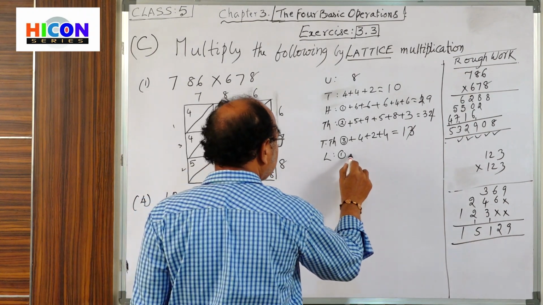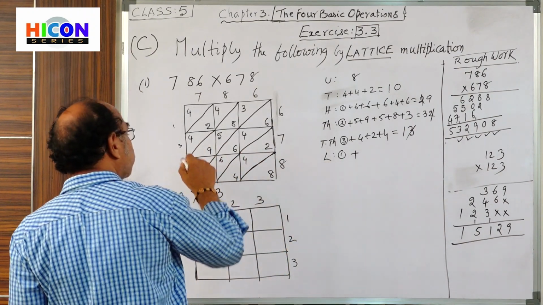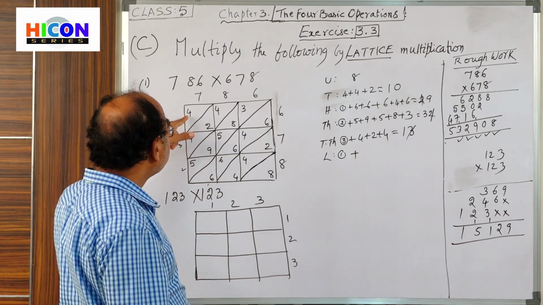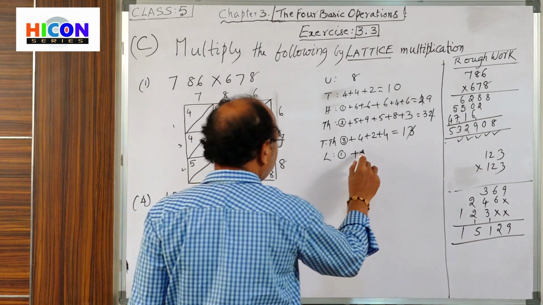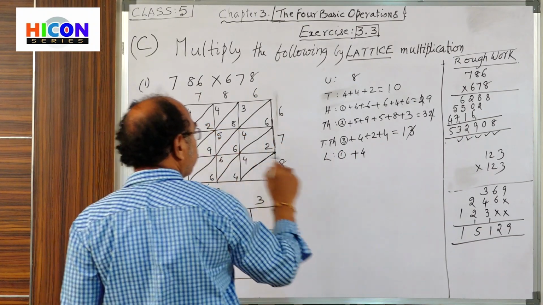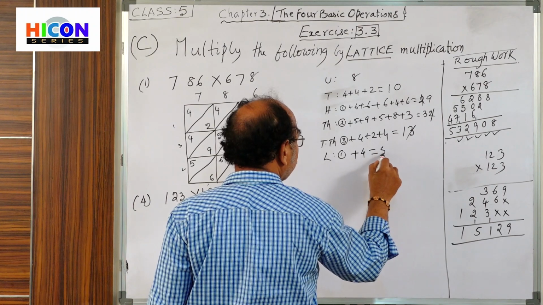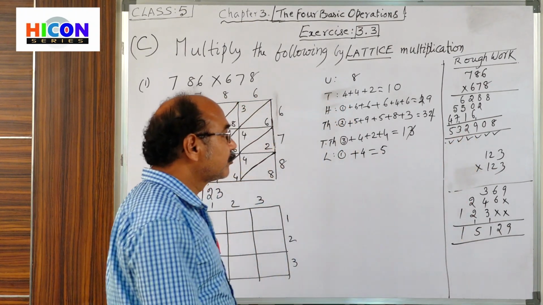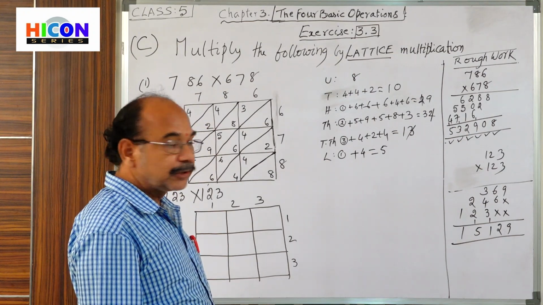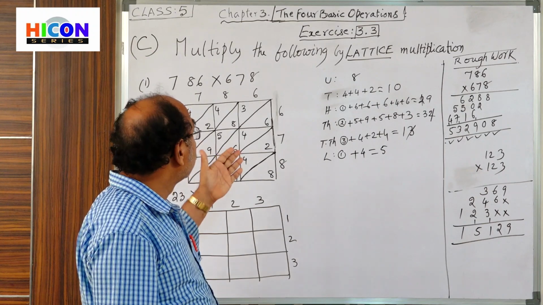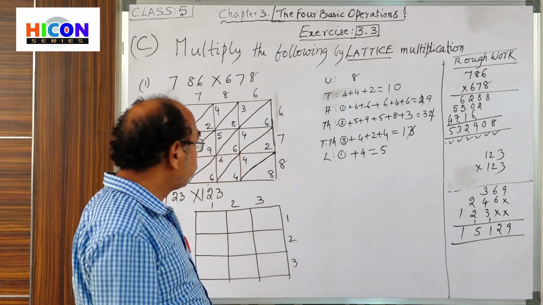Plus the remaining. This diagonal is complete. Now come to here. That is 4. In this diagonal, 1 carried. Here 4 is there. 4 plus 1 how much is? 5. So your answer is 5. This is the lattice multiplication.